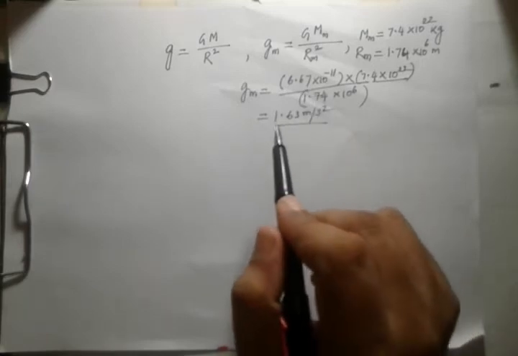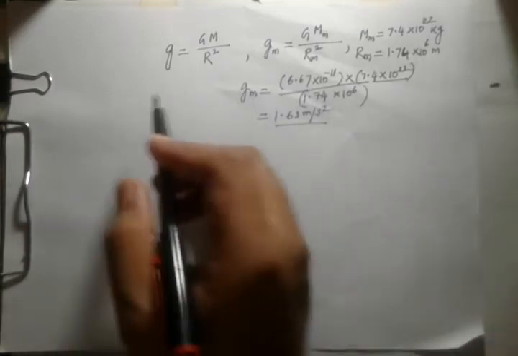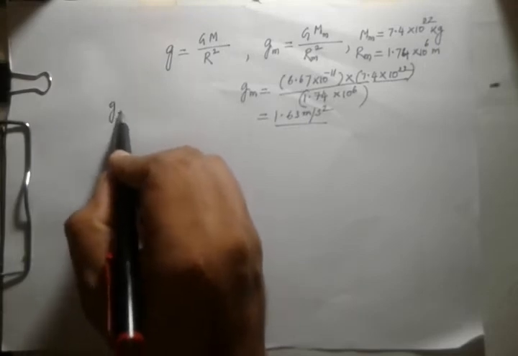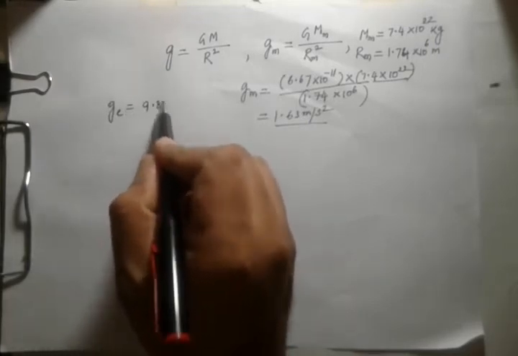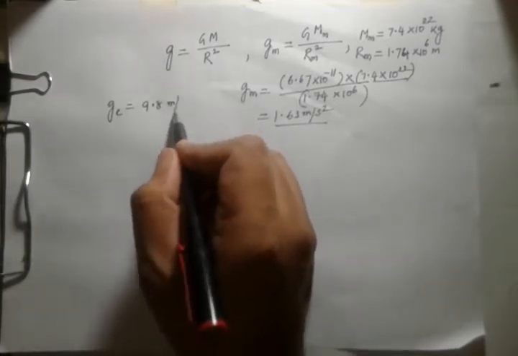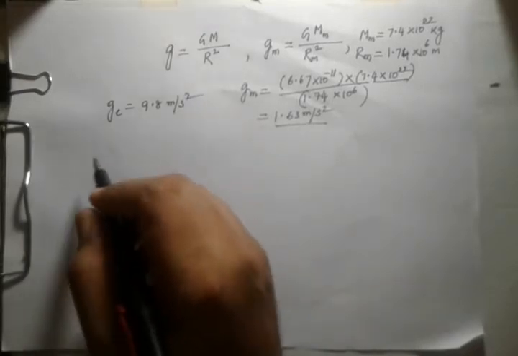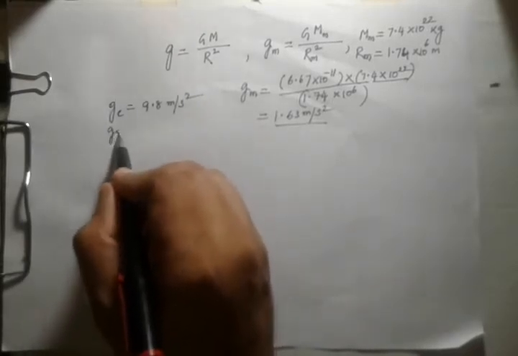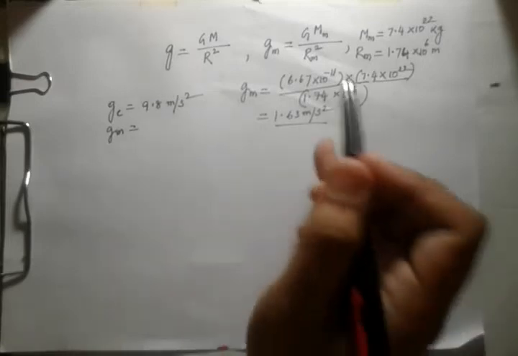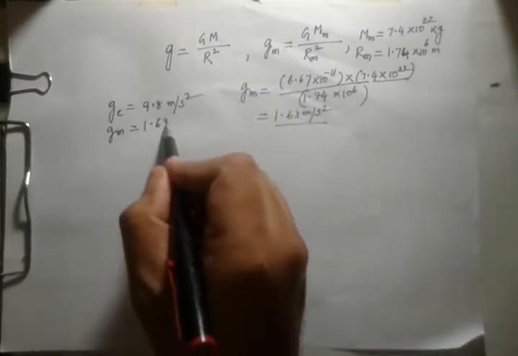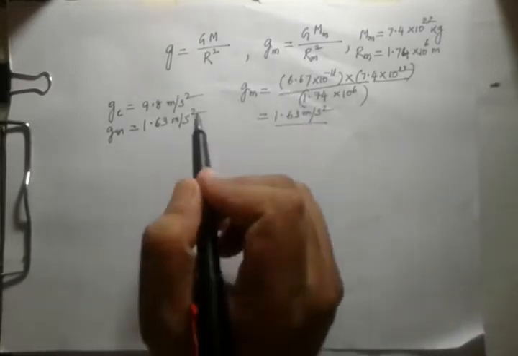Now for the earth, g_e is 9.8 meter per second square, and g_m is, as we calculated here, 1.63 meter per second square.